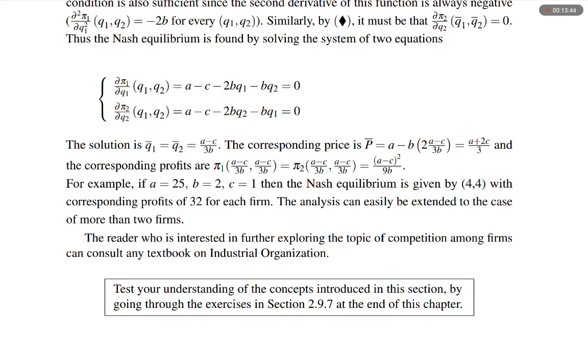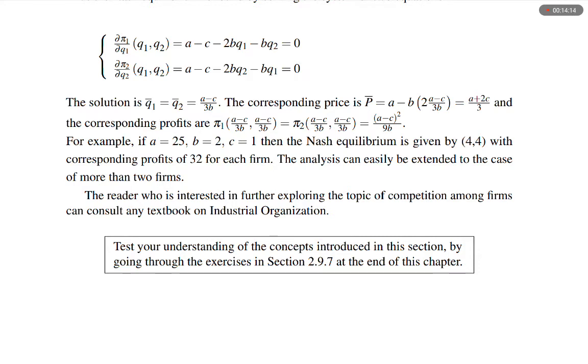Thus, the Nash equilibrium is found by solving the system of two equations. The partial derivative of π₁ with respect to q₁ at (q₁, q₂) equals A − C − 2B·q₁ − B·q₂ = 0.